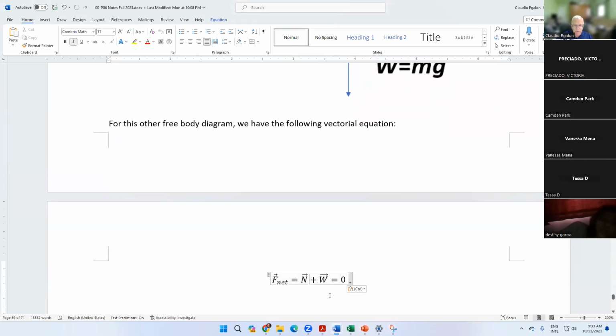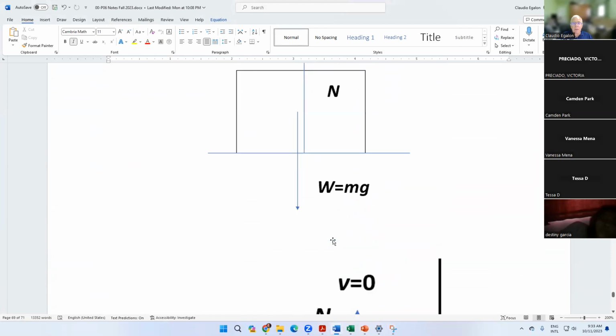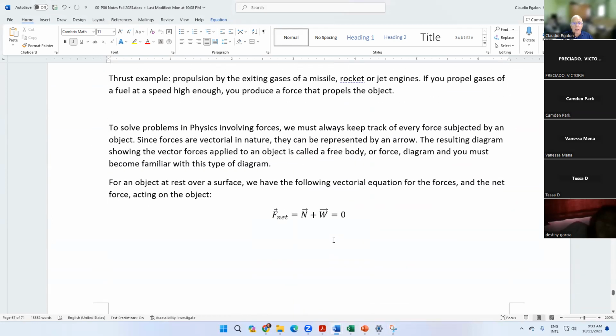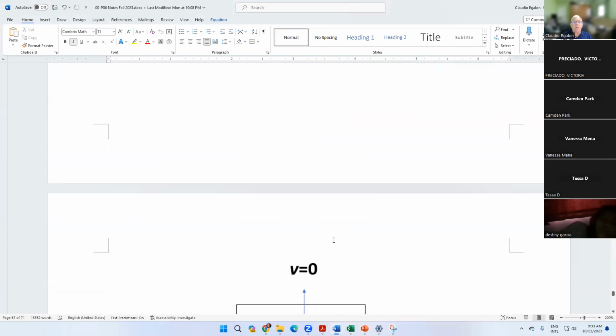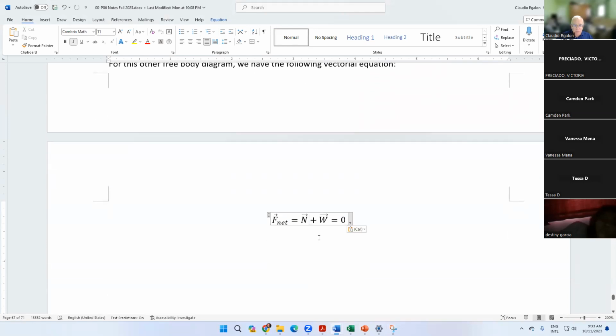Okay, we have not just N plus W, but that's going to be, I put N, right? Yeah, I put N, that's good. So we leave N. Here, this one's going to be N1 plus W. I'm going to put it like that.